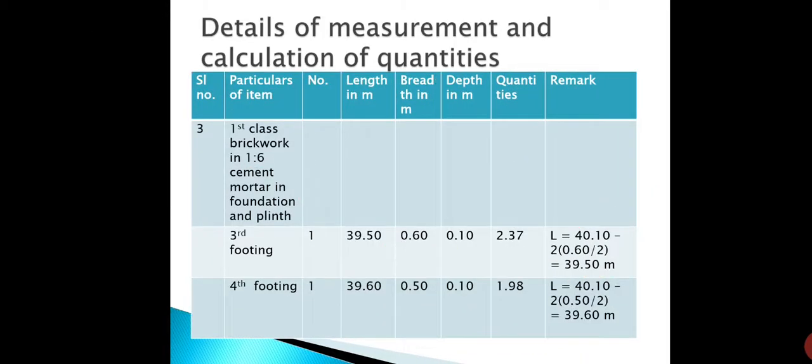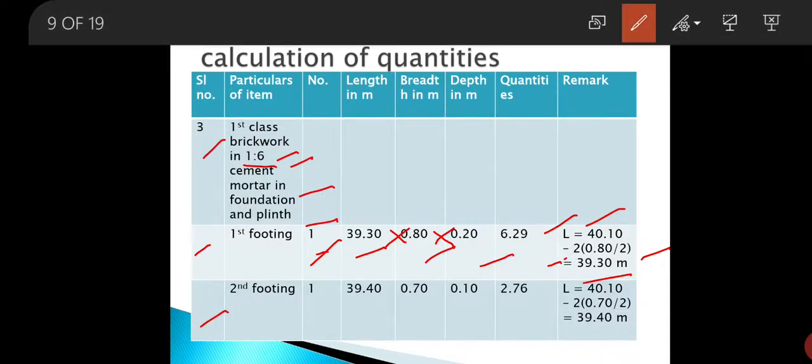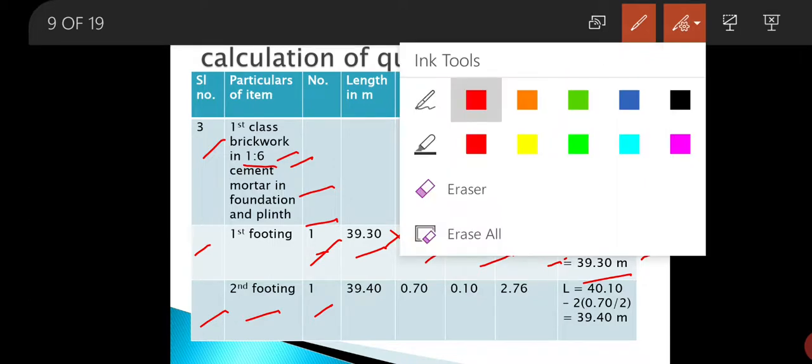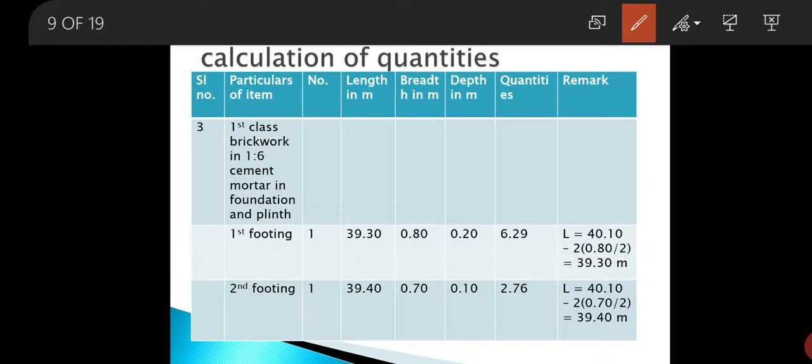In the details of measurement form, you will write down second footing. Number will be 1, as we are considering all the walls together. Then length will be 40.1, the total center to center length, the total center line length of the building.